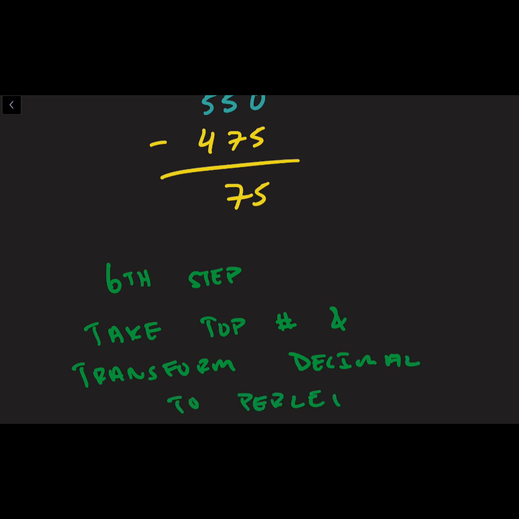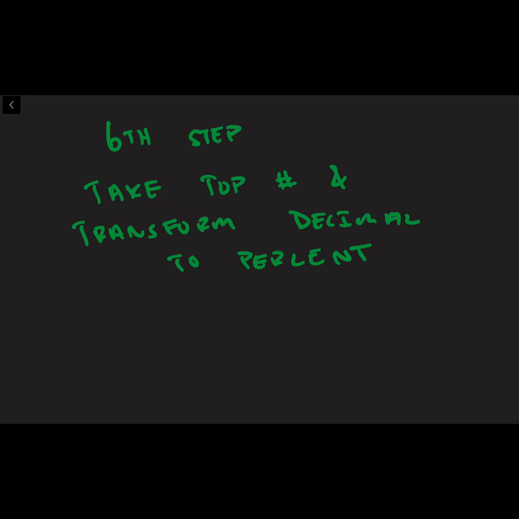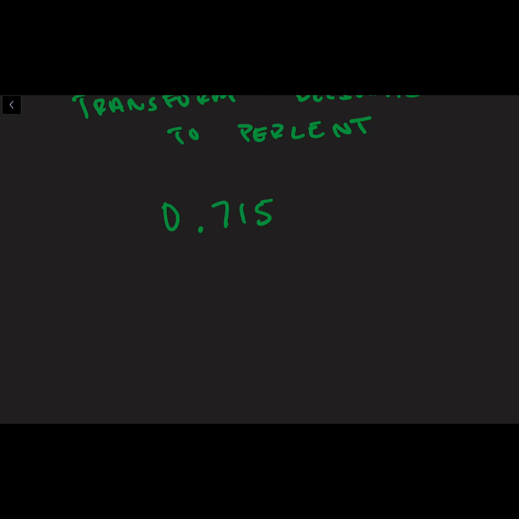We have 0.715. To transform our decimal to a percent, we move this decimal over two spots. One, two, put our decimal right there. That gives us 71.5.